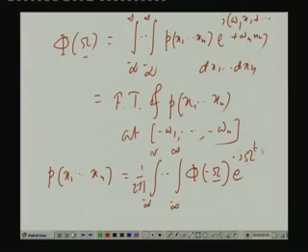Omega transpose x, sorry, it will be plus, inverse Fourier transform of phi minus omega.